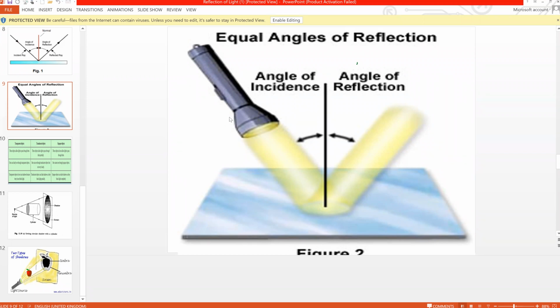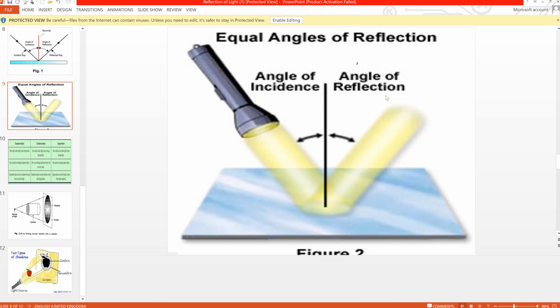What are they called? Incident rays. And when this light touches the screen, it is reflected. So these rays are called reflected rays. There are two types of rays: one is incident rays, and the second is reflected rays.